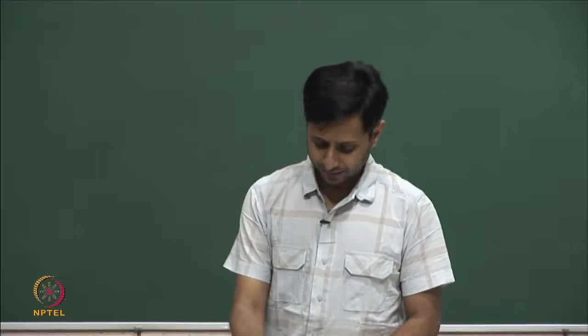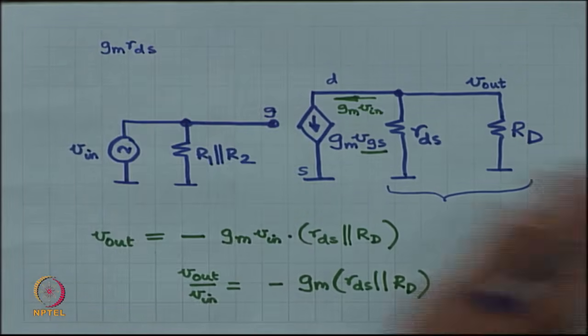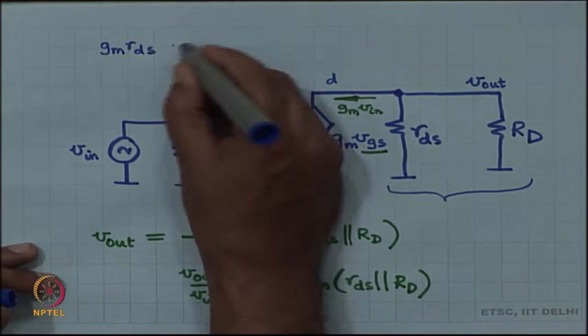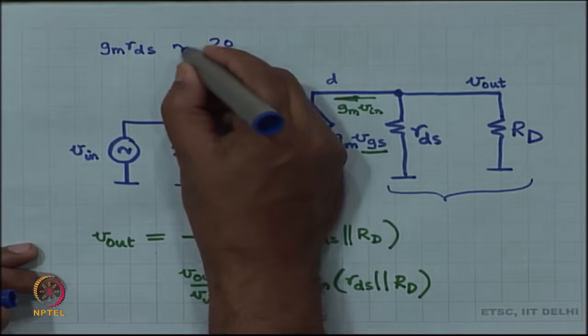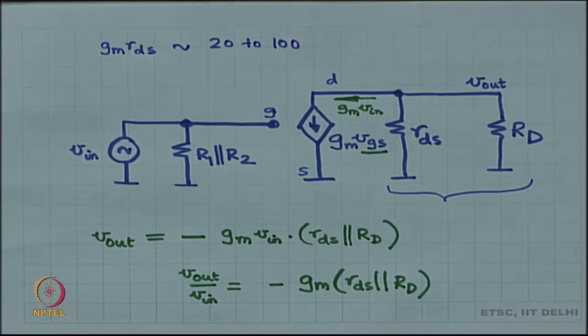So, GM times RDS of a MOSFET is typically large, where large could be a value between 20 and 100, depending on how nice that MOSFET is.